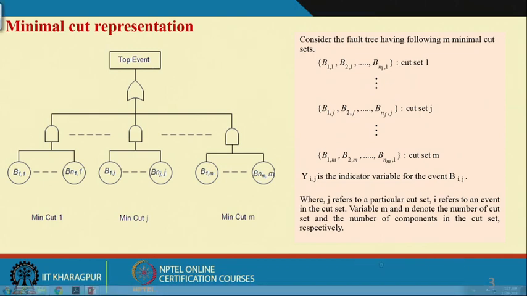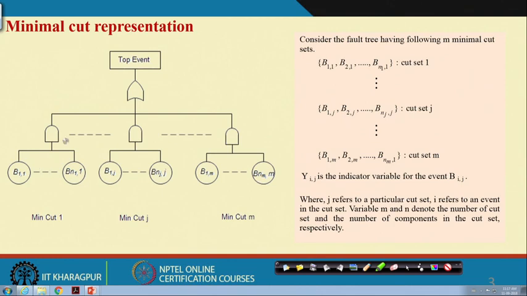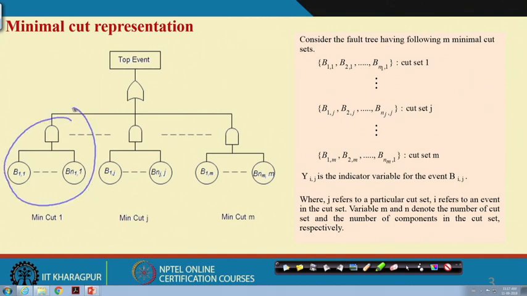So, this is one cut set, linked with the top event through an AND gate, because all those basic events should occur for the top event to occur.